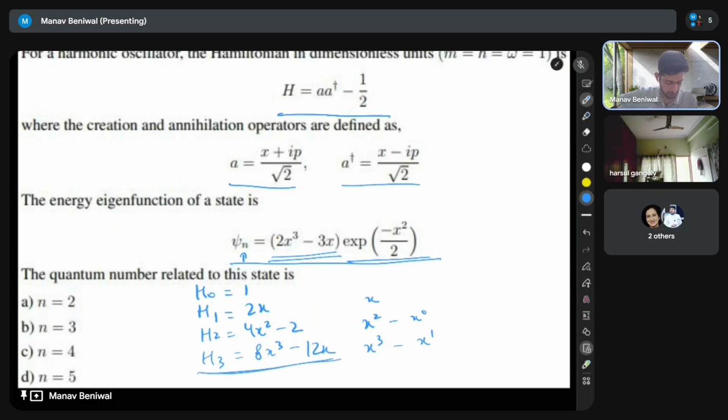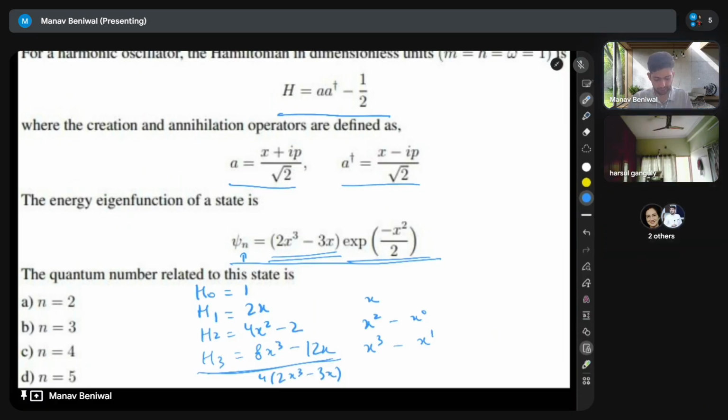For example, here I can take 4 as a common factor, and then I will get the exact form 2x cubed minus 3x. So this directly tells us that the answer will be n is equal to 3. In case you happen to remember your Hermite polynomials, you can directly see the answer.